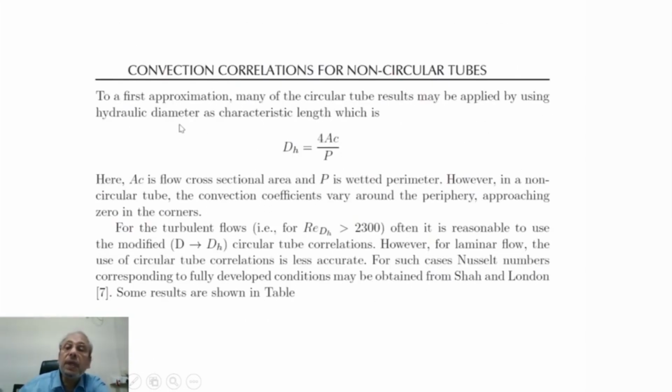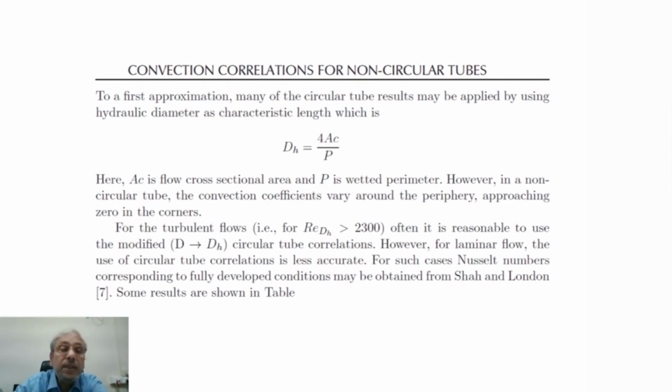Now convection correlations for non-circular tubes. This is also important, and I would like to mention it here. To a first approximation, many of the circular tube results may be applied by using hydraulic diameter as the characteristic length, which is given by D_H equal to 4 A_C by P. A_C is the flow cross-sectional area and P is the wetted perimeter.